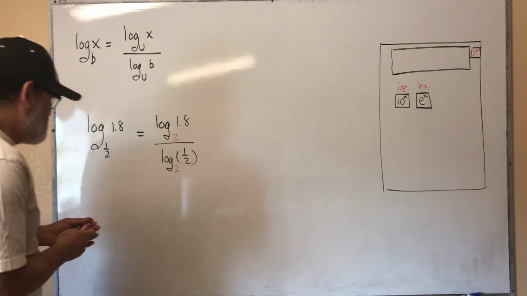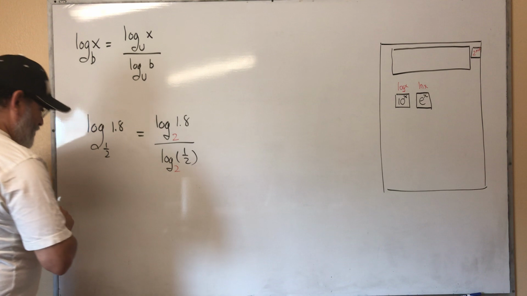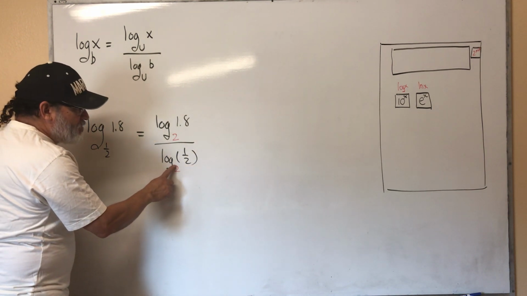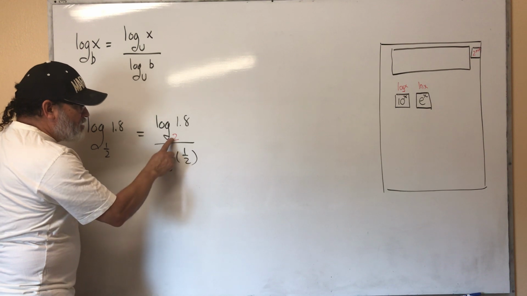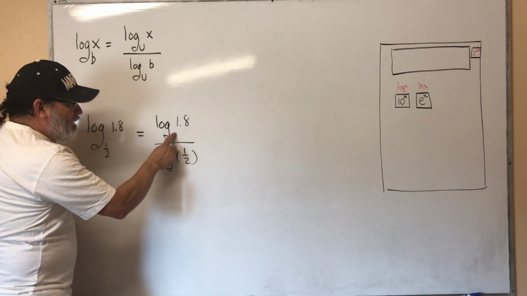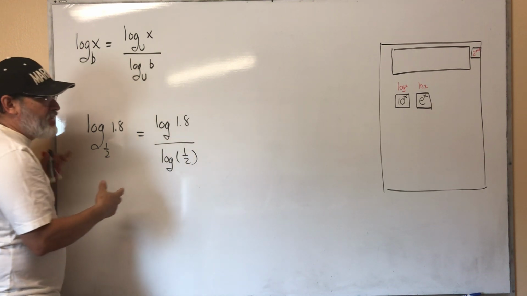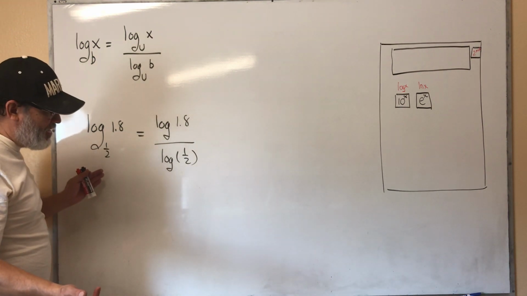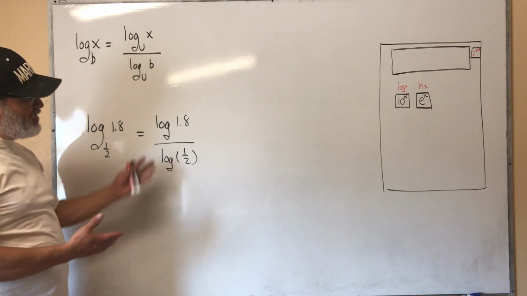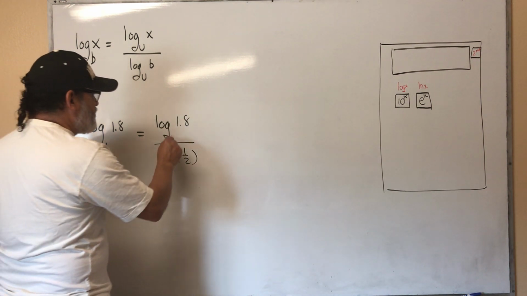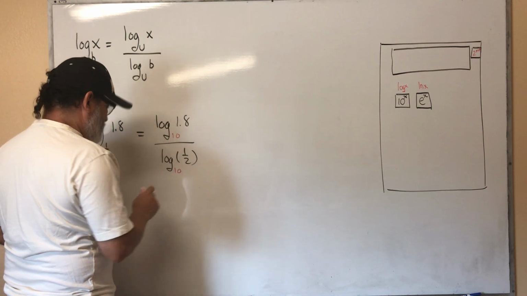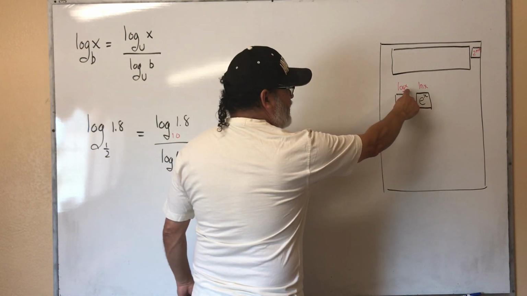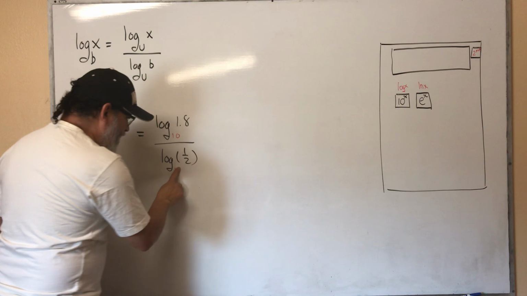Okay. Let's pick a different base then. Erase this, and pick a different base. Pick base 10. If the base is 10, you don't have to write it. We said earlier, you don't have to write it.